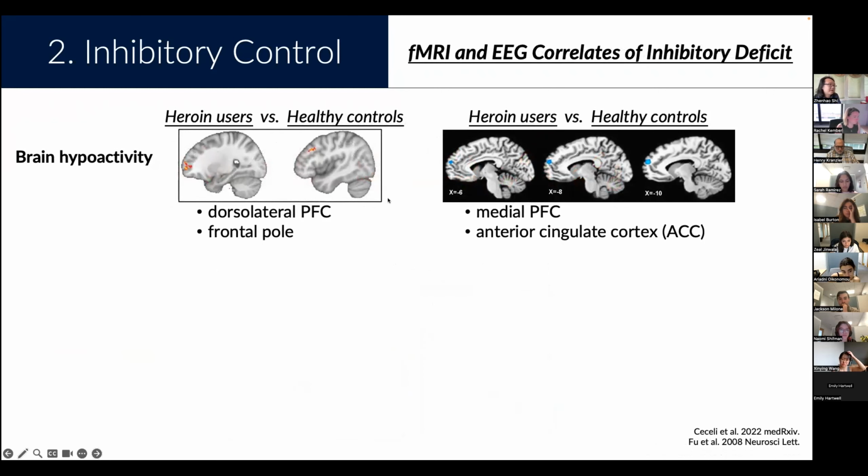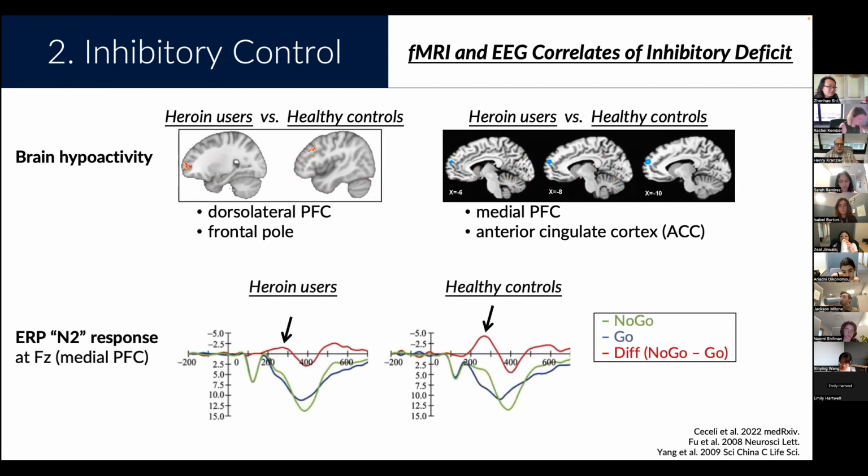Two studies have compared heroin users versus healthy controls, and they both found reduced prefrontal neural activity during inhibition. There was also an EEG study, where they measured a component called N2, which is an electrophysiological response to no-go versus go stimuli. This component happens around 200 milliseconds, around the medial prefrontal cortex region, and is considered a biomarker of inhibition.